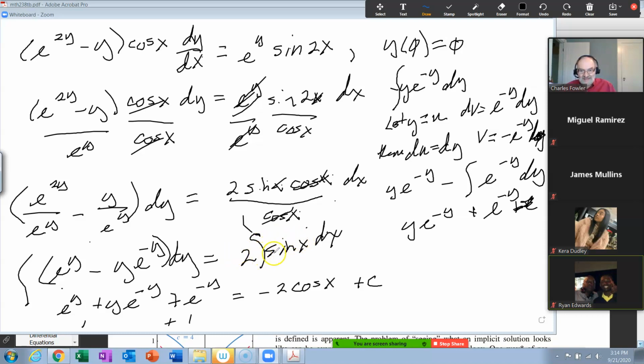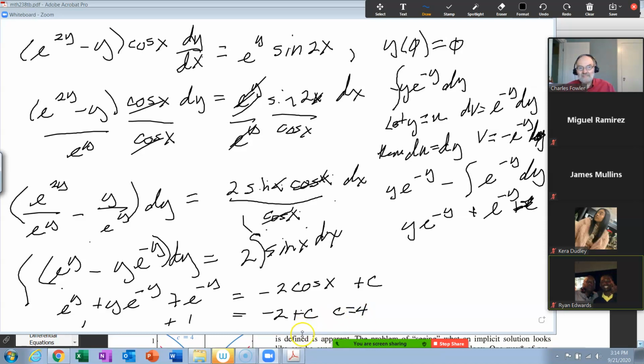The right-hand side is equal to, when x is 0, cosine is 1, so that's a minus 2 plus c. Well, add 2 to both sides, you get 1 plus 1 is 2, plus 2 is 4, so c is equal to 4. Okay?